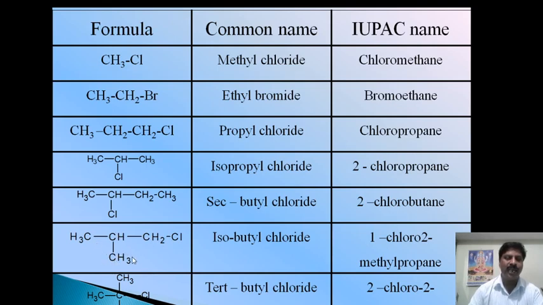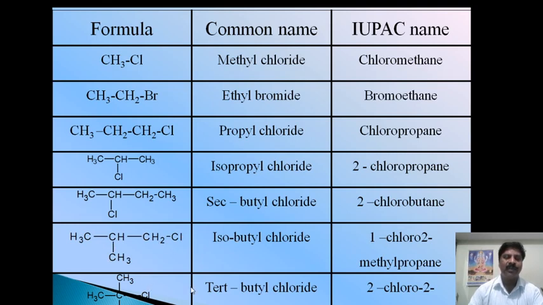A methyl group is another group there, so this is 2-methyl propane. The longest possible carbon chain is a 3 carbon atom chain, the methyl group is the substituent, and the chloro group is again a functional group. Therefore 1-chloro-2-methylpropane is the IUPAC name of this compound.